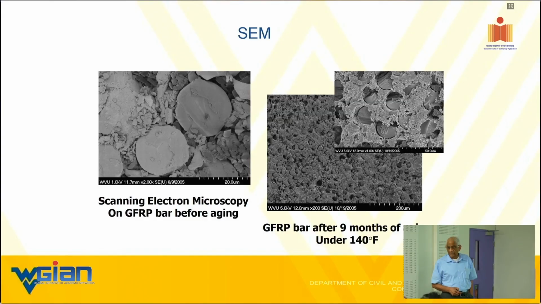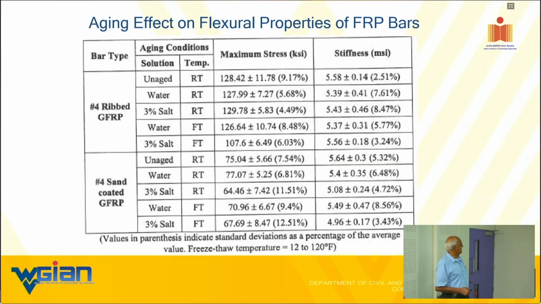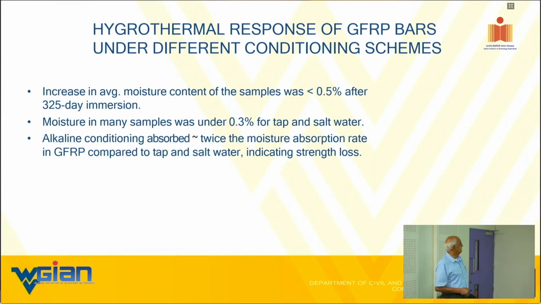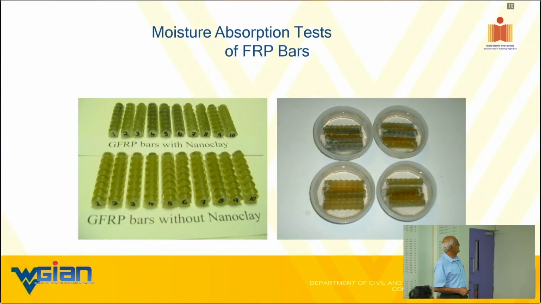Some are with nano clay, some are without. But my message is that the nano clay is no more than 10%, maybe a little bit less, 10, 12%, in the matrix.